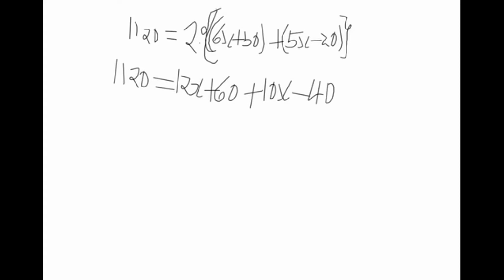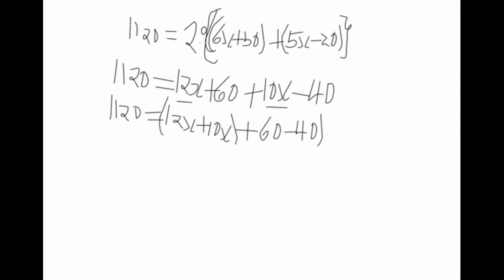From here we collect the like terms, so we have 1120 equals 12x plus 10x plus 60 minus 40. 12 plus 10 is 22, so 22x, and 60 minus 40 is 20. Then we take 20 across the equal sign.